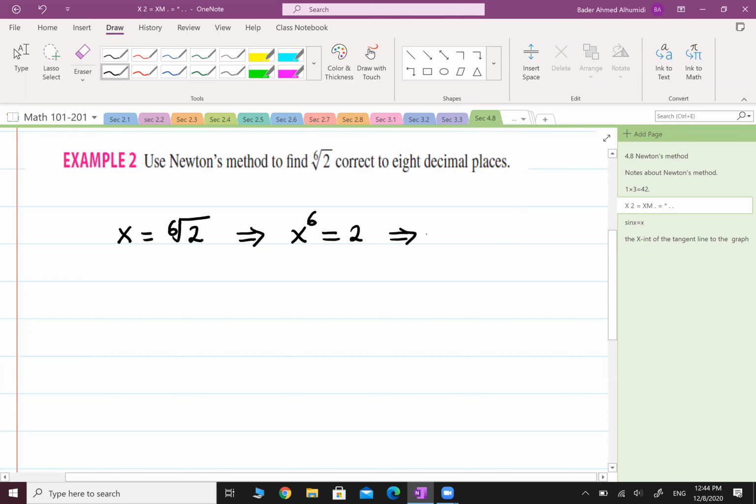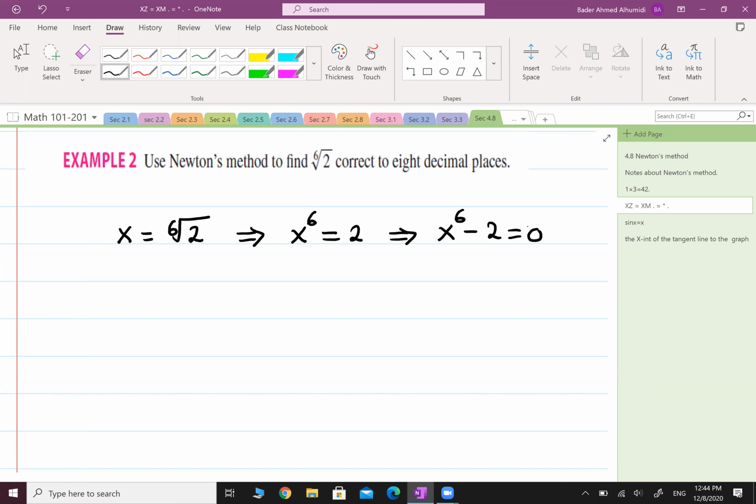Or I can write this one as x to the 6 minus 2 equal to 0. إذا الآن أنا قربت الروت حق هذه x to the 6 minus 2 كأني أقرب ال 6th root of 2، لأنه هو الروت الحقيقي. The real root, the accurate root is 6th root of 2. This is the exact root. If I can approximate the root of x to the 6 minus 2, it means I am approximating 6th root of 2.